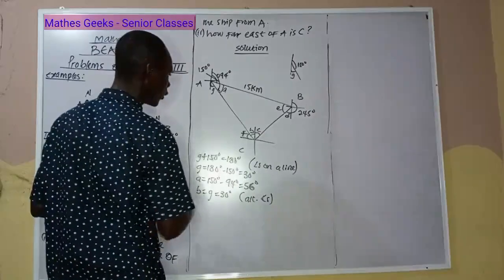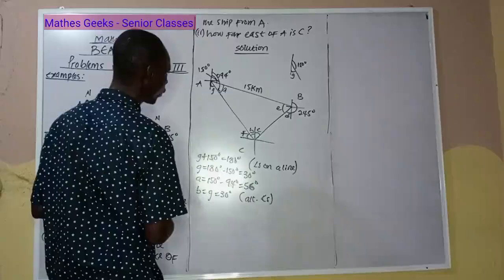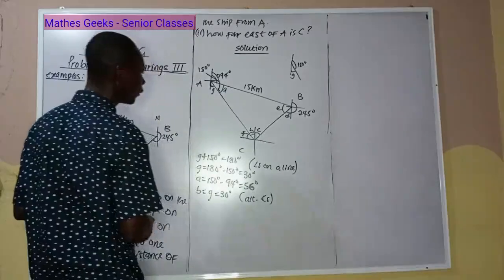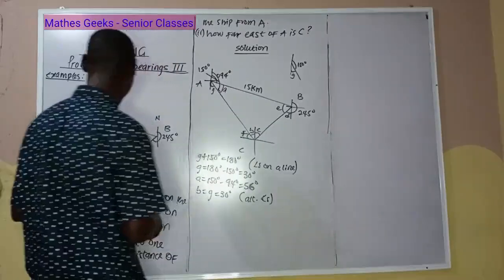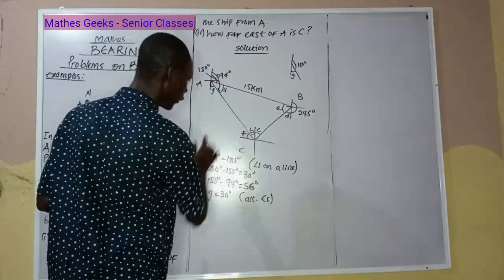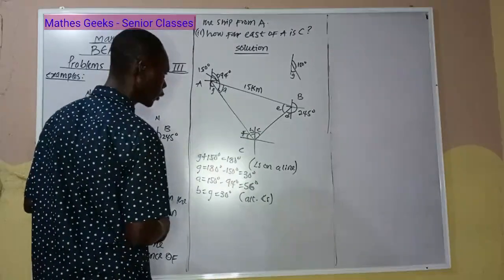What is F? Okay, let's leave F out for now. So I've gotten B, and now I need to get C.